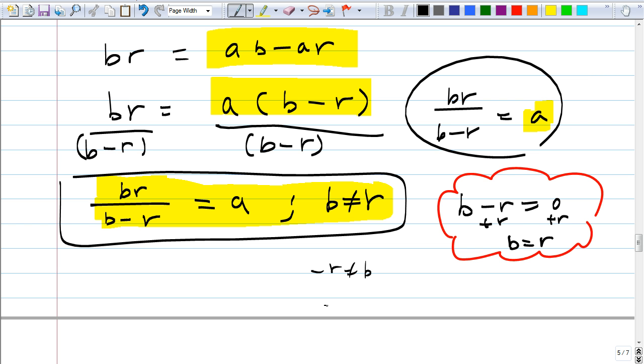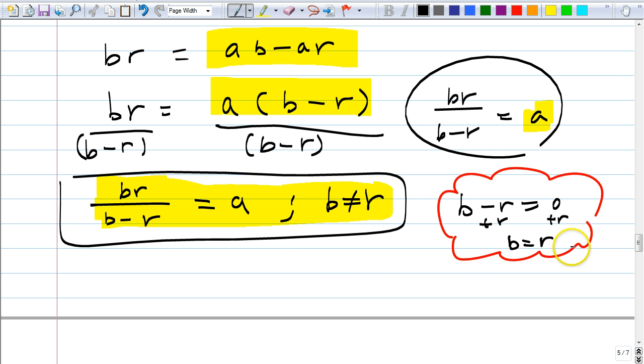Class, listen. If you write this, Carolyn, you'll be wrong. I'm solving for B right now, right? This will not get you 0 in the denominator. If B was equal to negative R, plug in B equals negative R. You get negative 2R. That's not 0. So this will be wrong. You just basically look at the denominator.